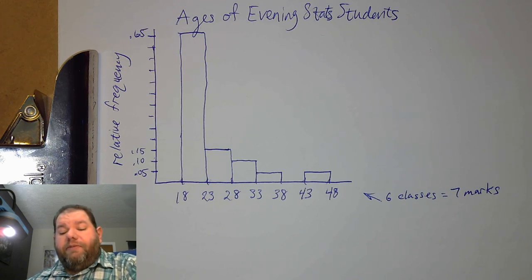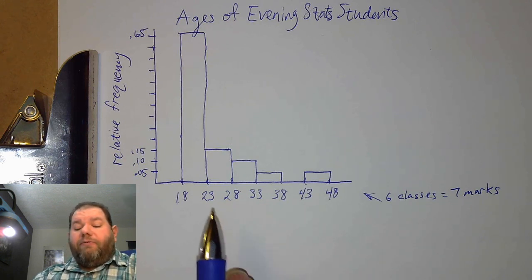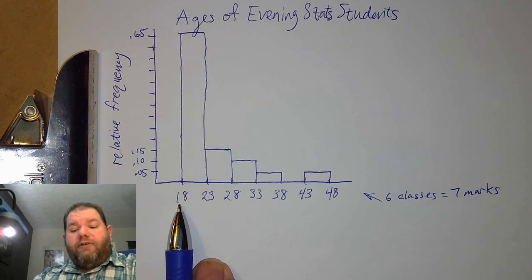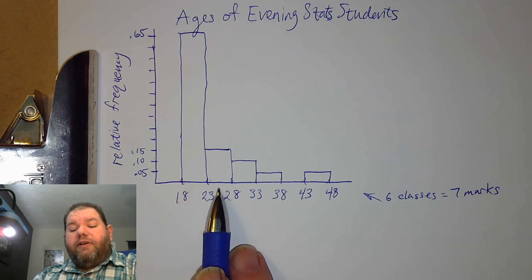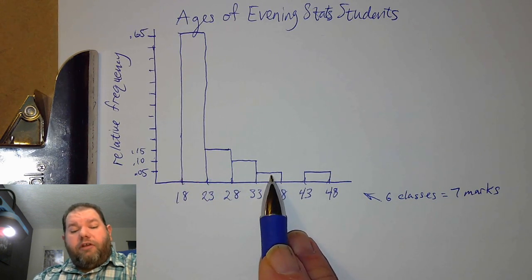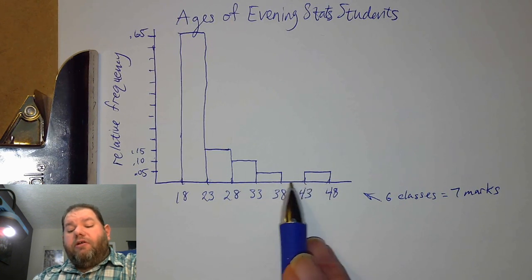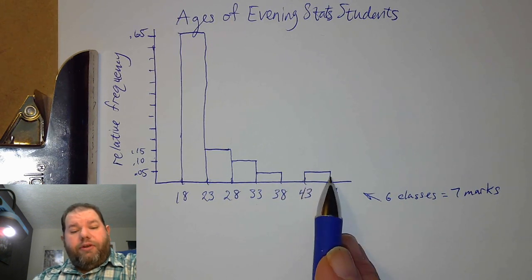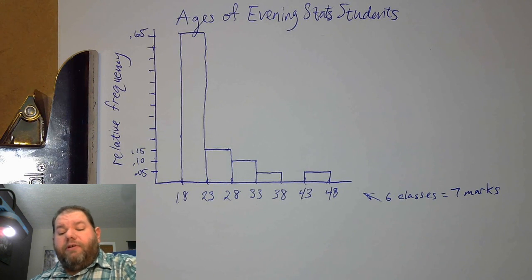But yeah, for our grouped classes, we basically state where each class starts. Like this one starts at 18, this next one starts at 23, this next one starts at 28, the following one starts at 33, then at 38, and then finally 43, and the last one would be at 48, except there's no more groups after that, so that's where the last one stops, basically.